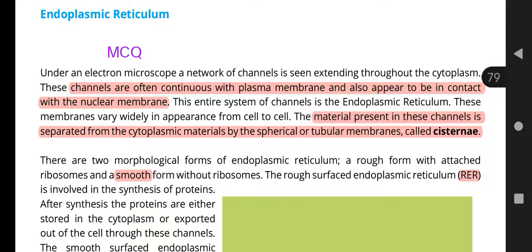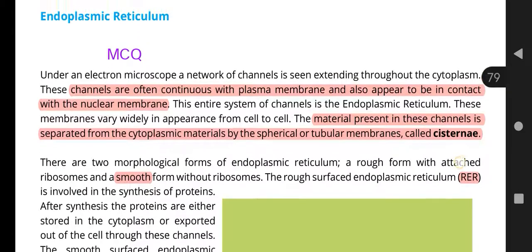And they have some sac-like structures that separate the material inside from the cytoplasm. As it is a tube, it has some material, and it is separated from the cytoplasmic material with the help of units called the cisternae.